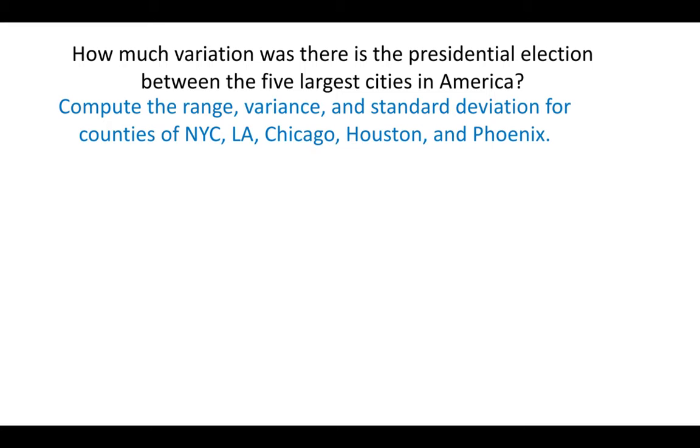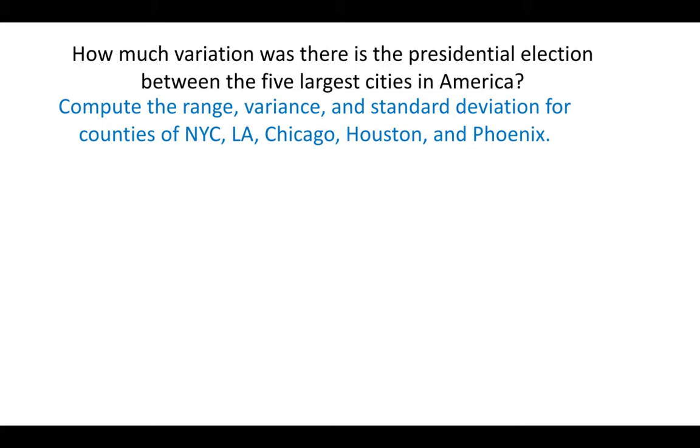So our first one, we're going to be looking at some election results today. And not necessarily looking at the whole picture, but looking at some individual pictures. So we're going to compute the range, variance, and standard deviation. What we want to figure out is how much variation there was in the presidential election between the 5 largest cities in America.